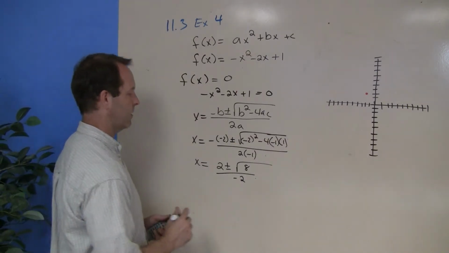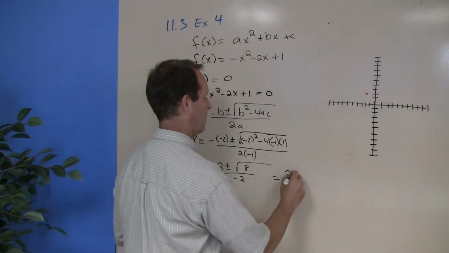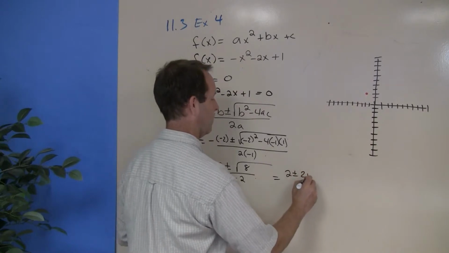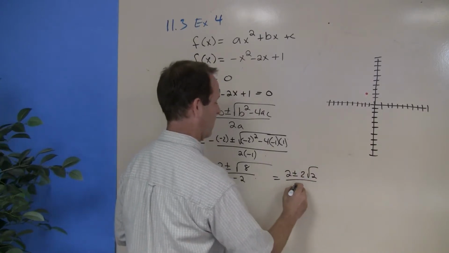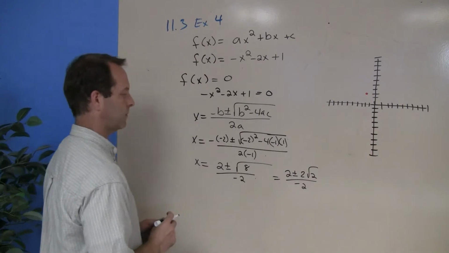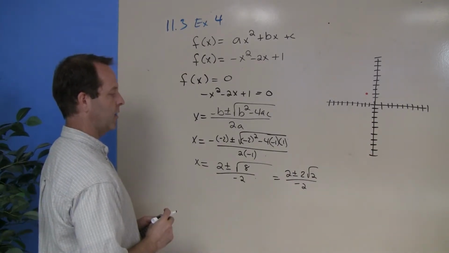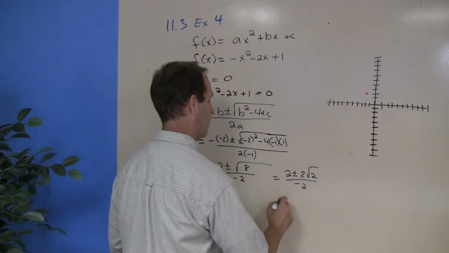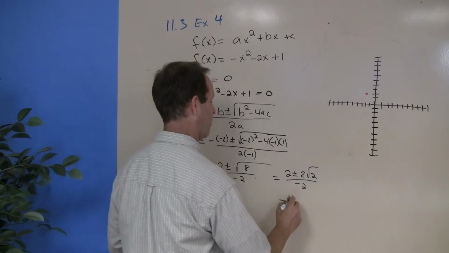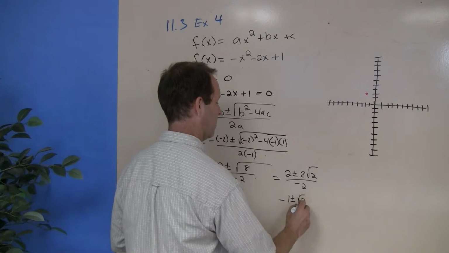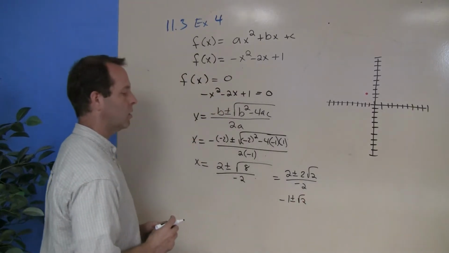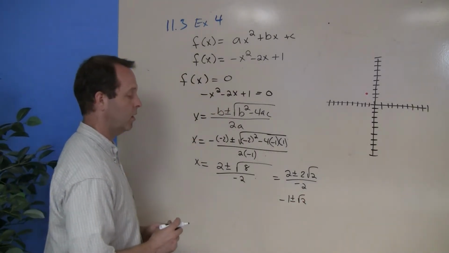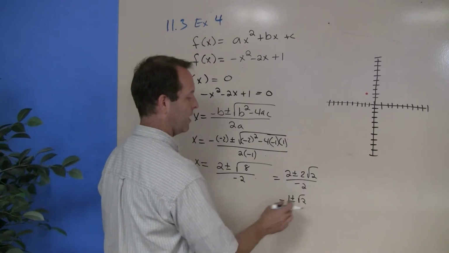And I can reduce that down some more. 2 plus or minus 2 root 2, all over negative 2. I can factor out a 2 everywhere. And I'm going to be left with a negative 1 plus or minus root 2. And there's my two solutions, negative 1 plus root 2 and negative 1 minus root 2.